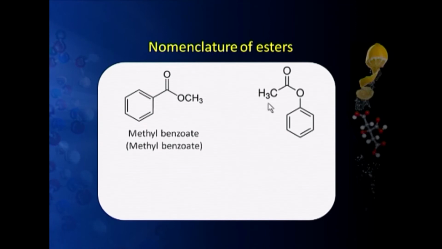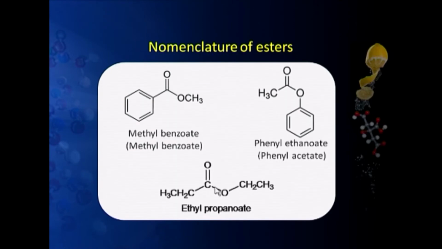When one of the parts is aromatic, we have to see whether the aromatic part is from the alcohol, that is the alkyl or aryl part on that side, or it is from the acid. In this case, we find that the acid part is a 2 carbon acid, ethanoic acid, and here it is the phenol that has attached. So, this compound is named as phenyl ethanoate or commonly named as phenyl acetate.